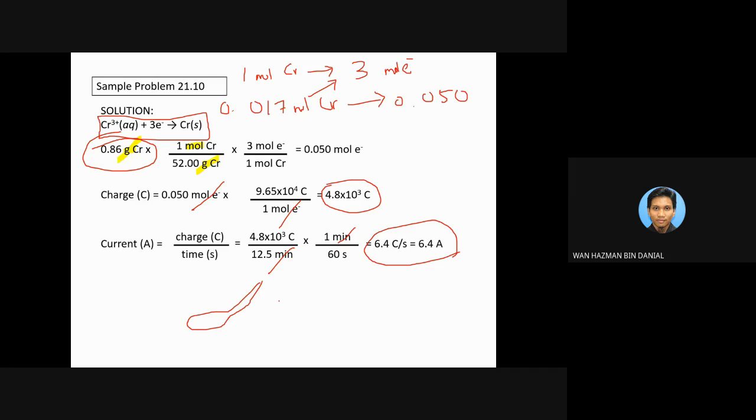So in 12.5 minutes, using 6.4 ampere, they will get 0.86 gram of chromium. Okay, understand? The same question applies if they give the current and ask for the mass. We just play around with the units.